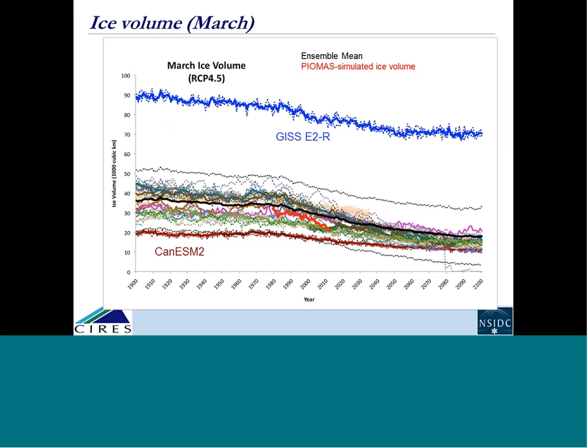We are, however, doing reasonably okay for some models in matching ice volume, which is the product of extent and thickness, but there are some significant outliers. We've called out a couple here, the GISS model and the CanESM2 model, and we're making this comparison with the PIOMAS simulated ice volume.